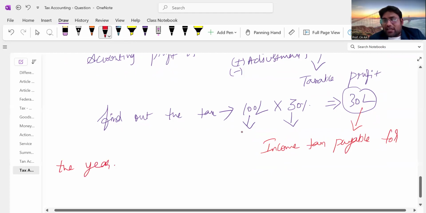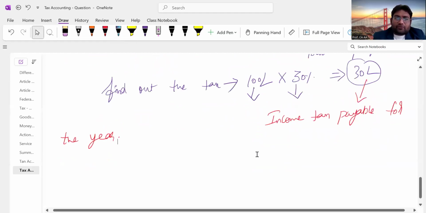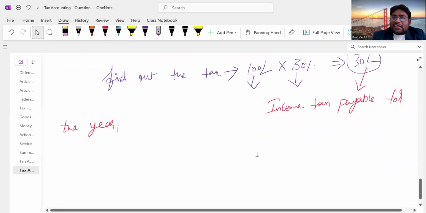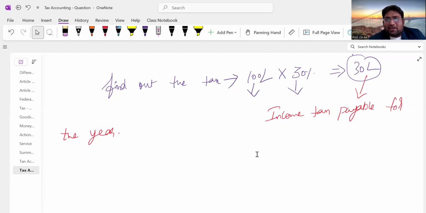It is needless to say that you have to pay income tax on profits if you are a company. Now what happens? This 30 lakhs is a transaction which can be measured in money. That's why I need to account for it in the books. Very simple.